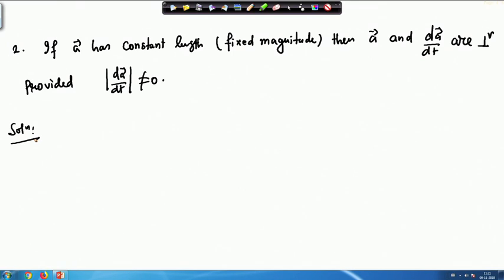Of course, the condition is necessary as well as sufficient.